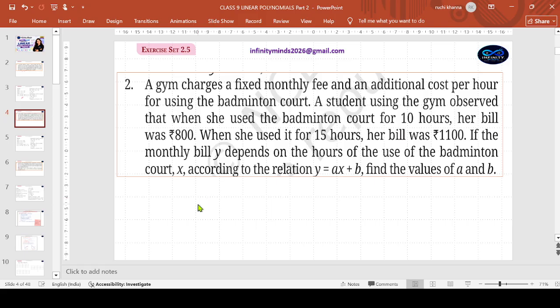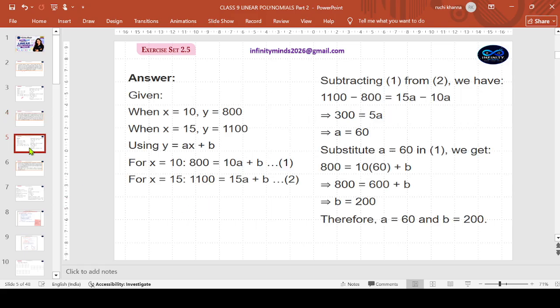Let's find out what equation we will get. As X becomes 10, the bill is 800 when he is using the badminton court for 10 hours. So it will be 10A plus B equals 800. This would be 15A plus B equals 1100. Same thing I told you, you will get a fixed B. You can subtract. So this you will get 300. Here you get 5A.